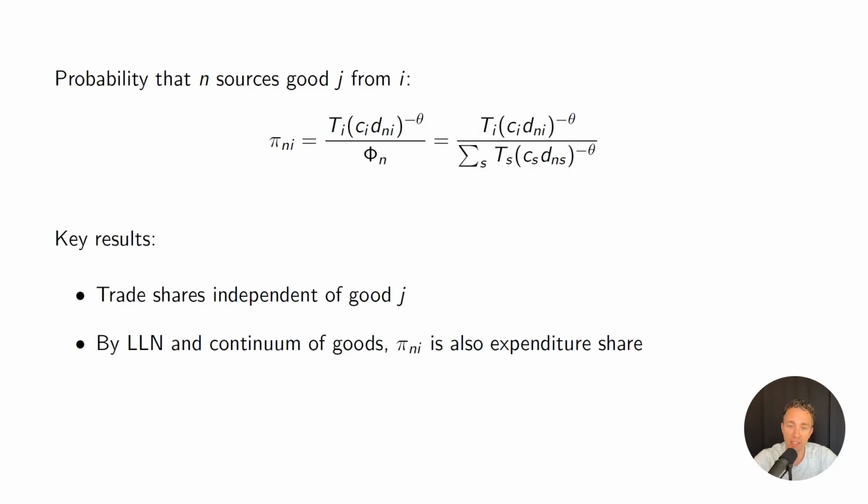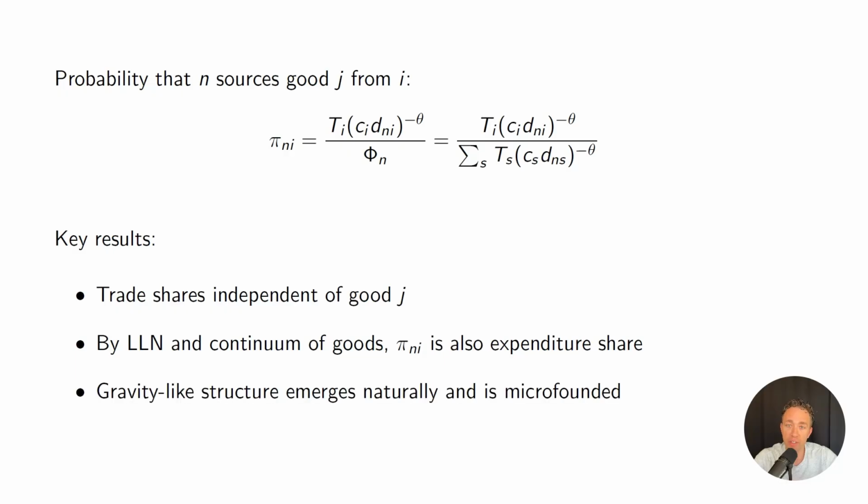And because there's that continuum, that's going to give us a closed form for the expenditure share as well as the trade share. And then this is going to give rise to a gravity structure that is microfounded. So that's the key idea from this paper, is we can microfound the gravity model of trade from these Fréchet productivity shocks, and the idea that countries are buying from the lowest cost producer worldwide.